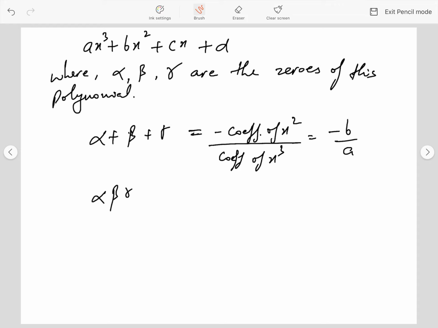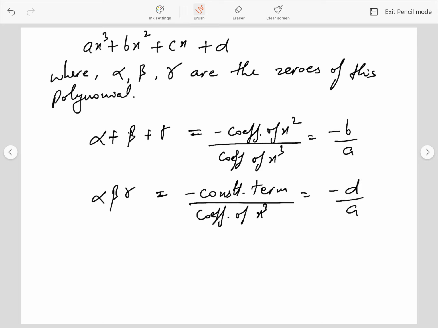Then the product of zeros, alpha into beta into gamma, will be equal to minus of the constant term by the coefficient of x cube, that is equal to minus d by a.